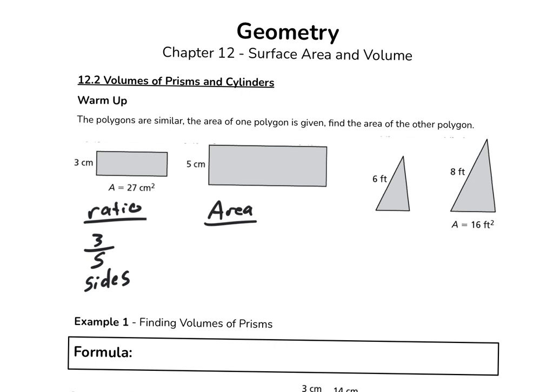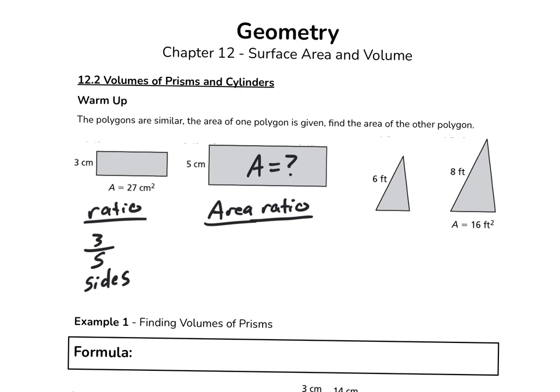we don't know the area of the big one, right? That's what we're trying to figure out. Find the area of the one that we're not given. In order to do this, we have to use what we call the area ratio.